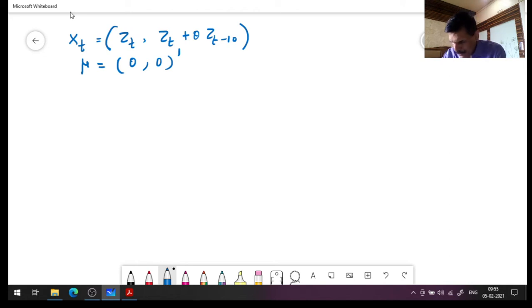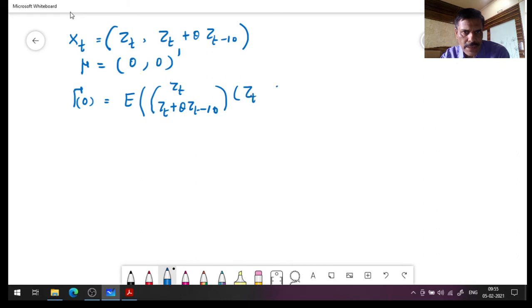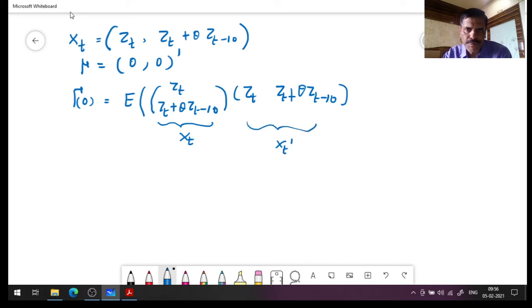So I have to compute gamma 0, which is the expected value of zt plus theta zt minus 10, times zt, and this is basically xt prime.